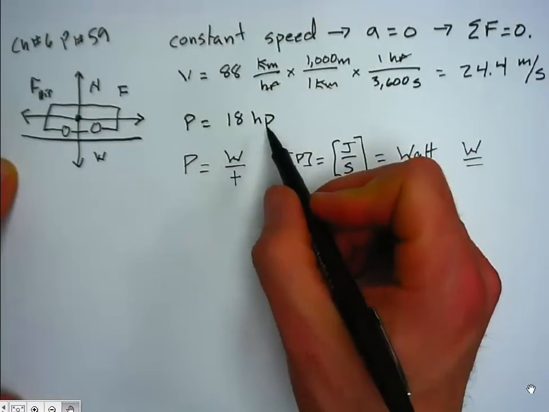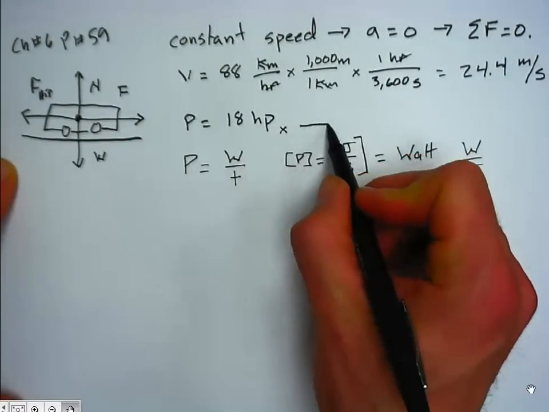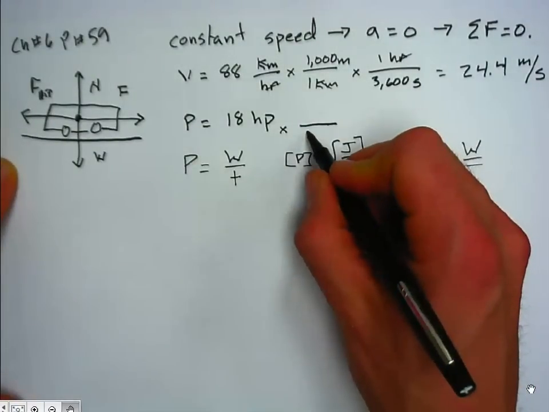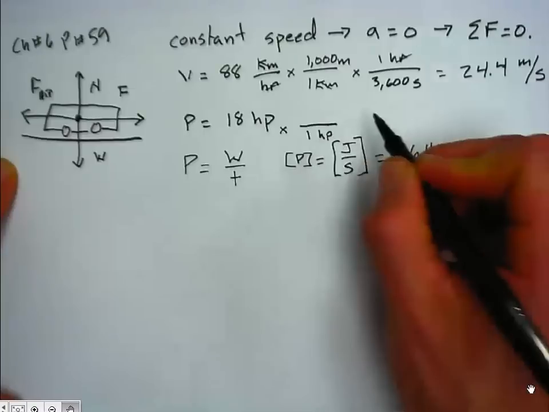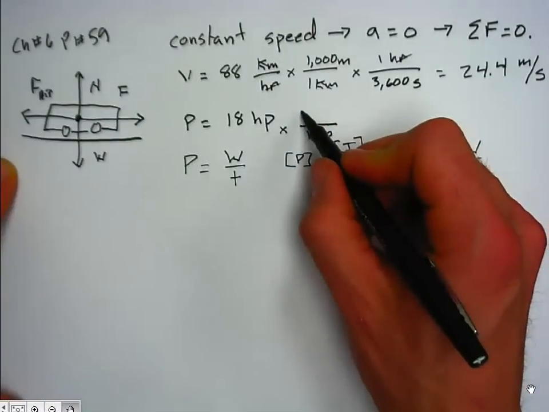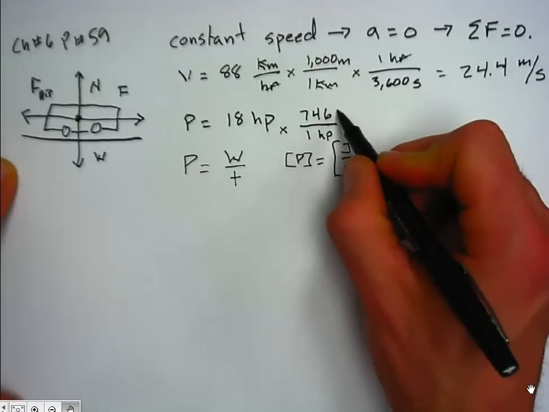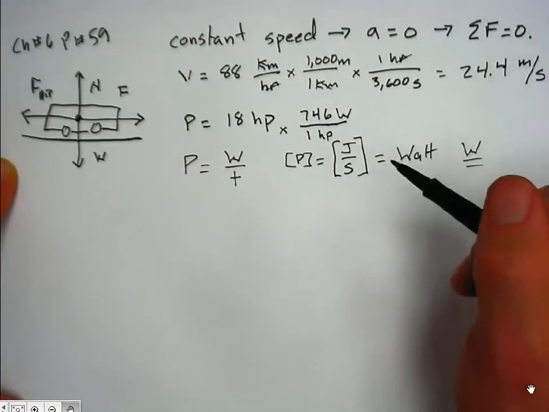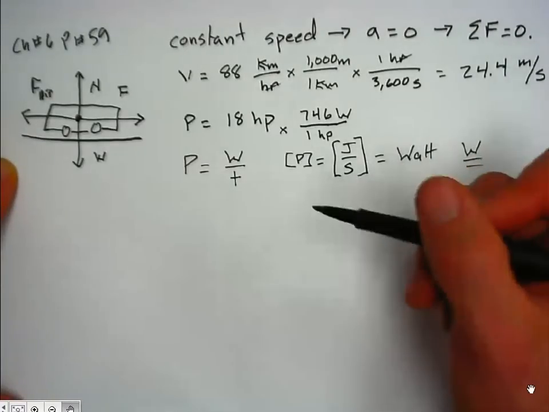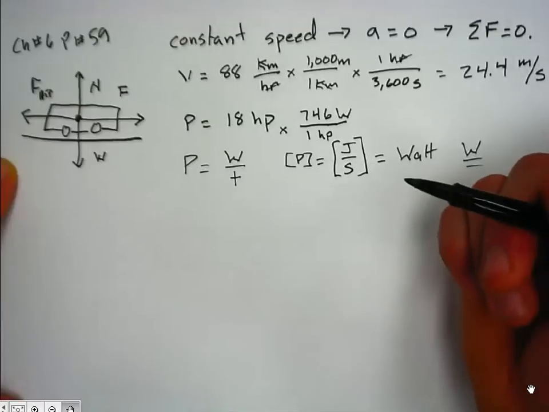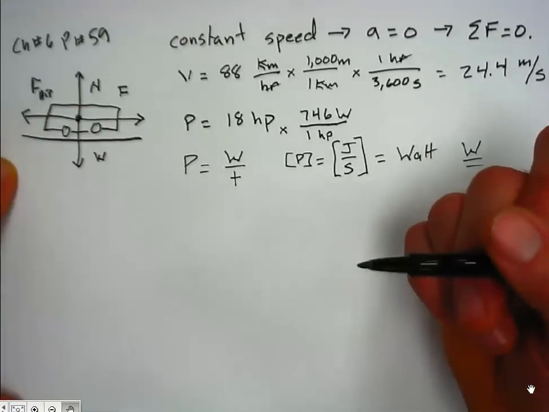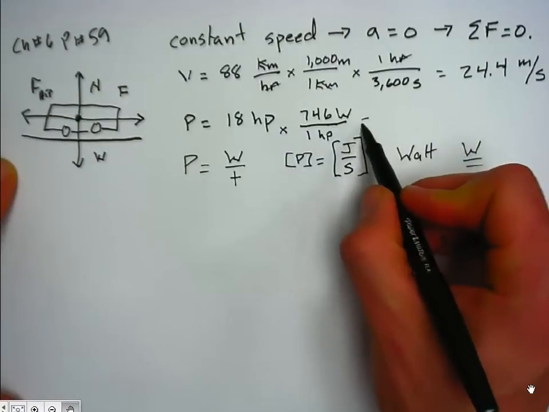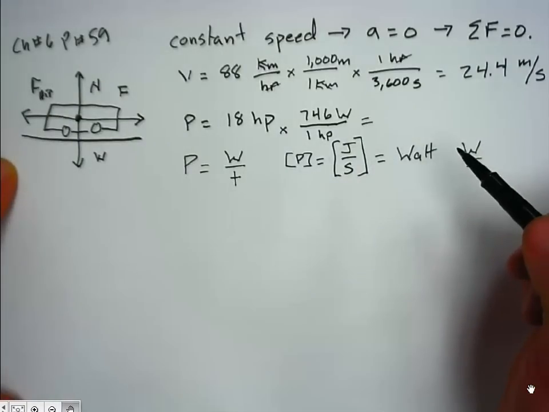So what's a horsepower then? Well, back in the day, a horsepower was the power exerted by one horse. And now we have a nice little conversion here. You won't have to memorize this, but it's a good number just to have in the back of your head. 1 horsepower is 746 watts, right? So if I have a 1 horsepower electric engine, say, it would draw 746 watts out of the outlet it's plugged in to, assuming there's no resistance or that type of thing.